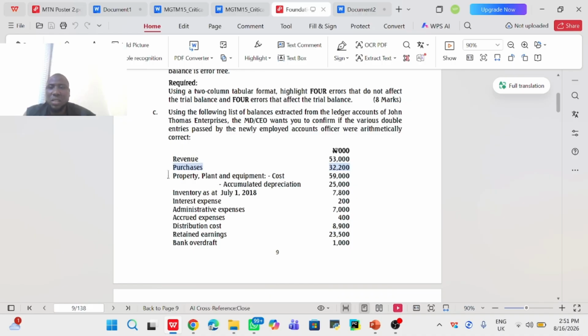Another item is PPE, property, plant and equipment.